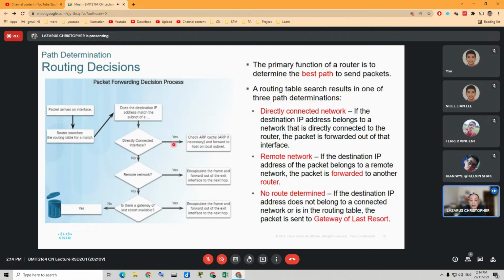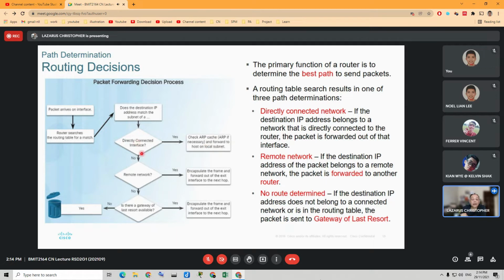If yes, check the ARP cache if necessary and forward to the host on the local subnet. It means that because it's a locally or directly connected network, it will definitely be forwarded to a switch, and the switch usually works with frames instead of packets. That's why we're talking about the ARP cache here.